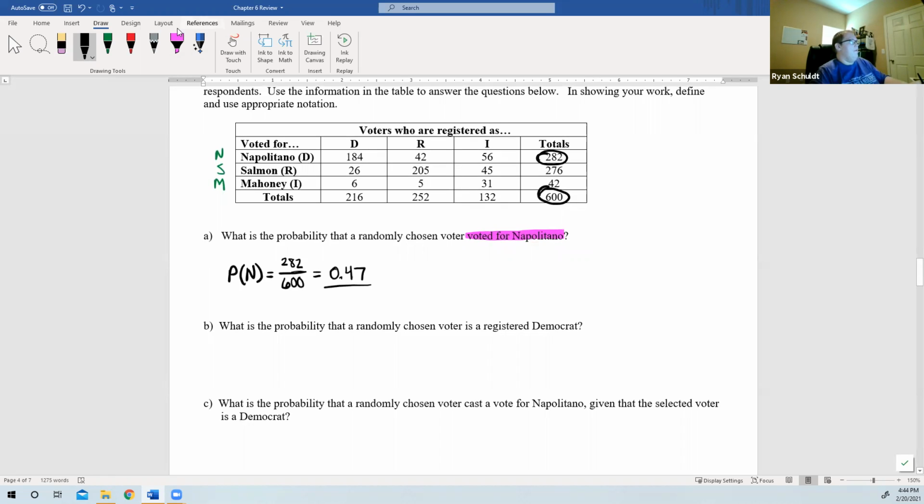B, what's the probability that a randomly chosen voter is a registered Democrat? So we want the probability of a Democrat.